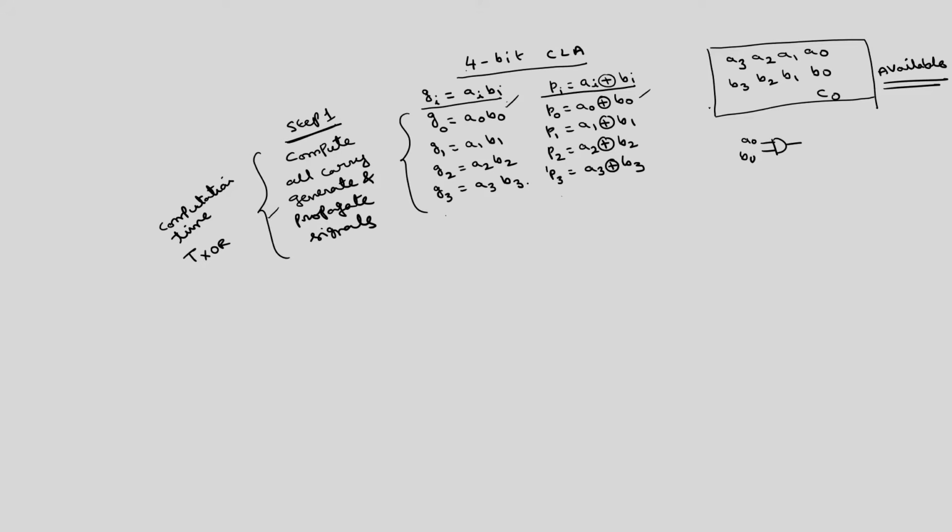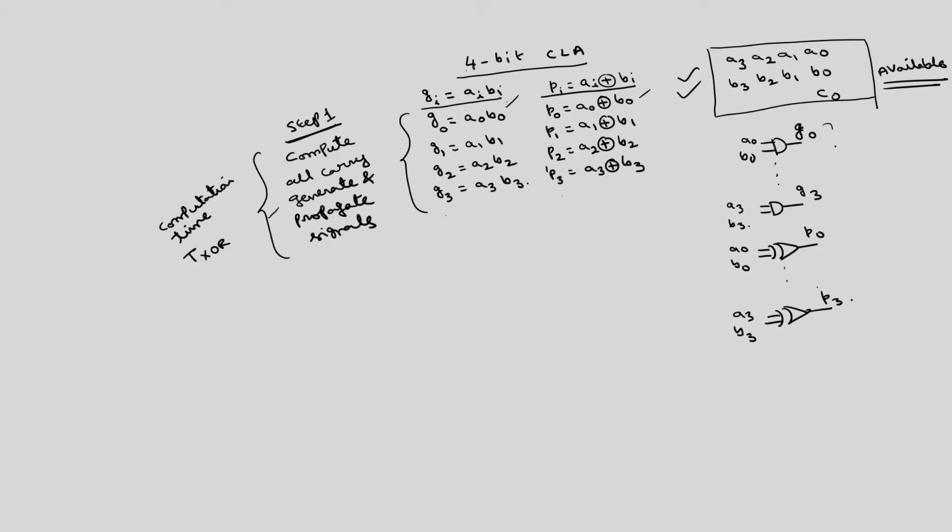So, A0, B0, because these are all available, will generate G0. Similarly, we have G3 using A3, B3. A0, B0 will get P0, and so on up to A3, B3 will get P3.